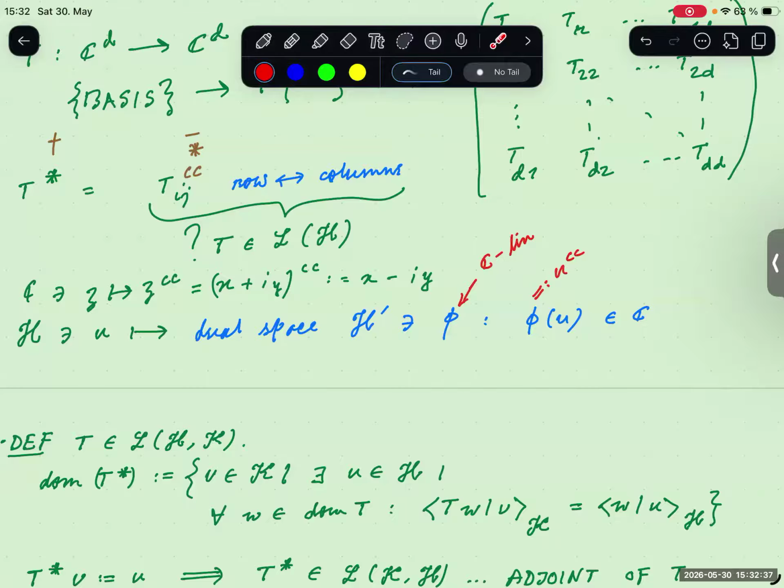Like what's going on? Okay, let's go step by step so that if any of us are lost. So if you put u equals to this, and then let's put this equals to this, and let's compute. It's not a hard task.